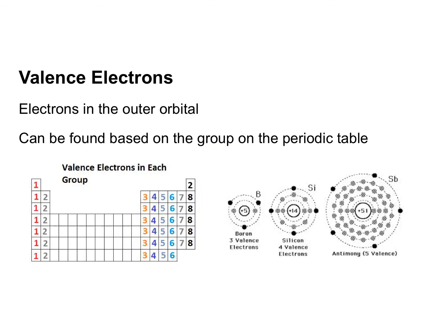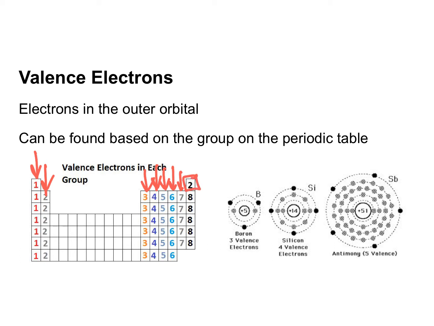So those valence electrons are the electrons that are in the outermost orbital. Those can be found based on the group or column in the periodic table. So as you can see here, each group or column has its own number of valence electrons, except for helium right here.